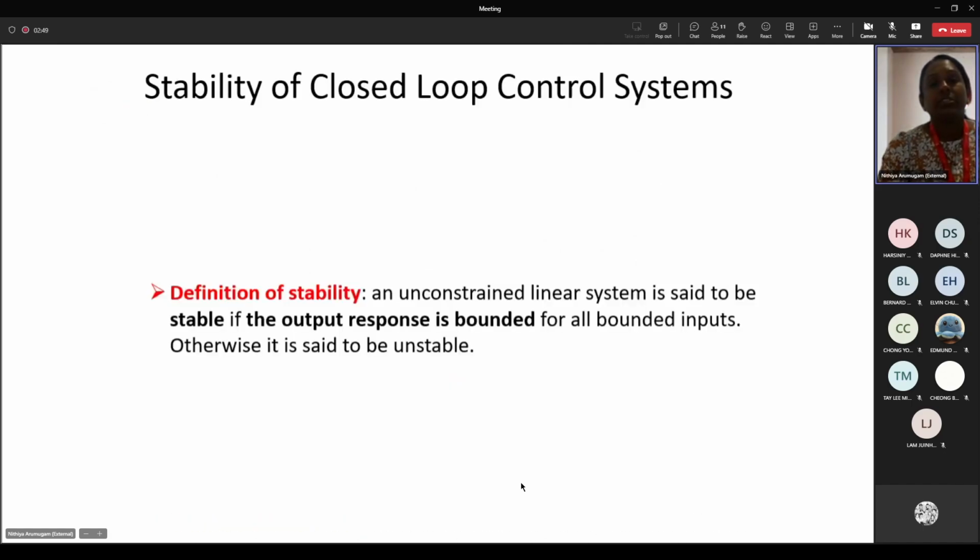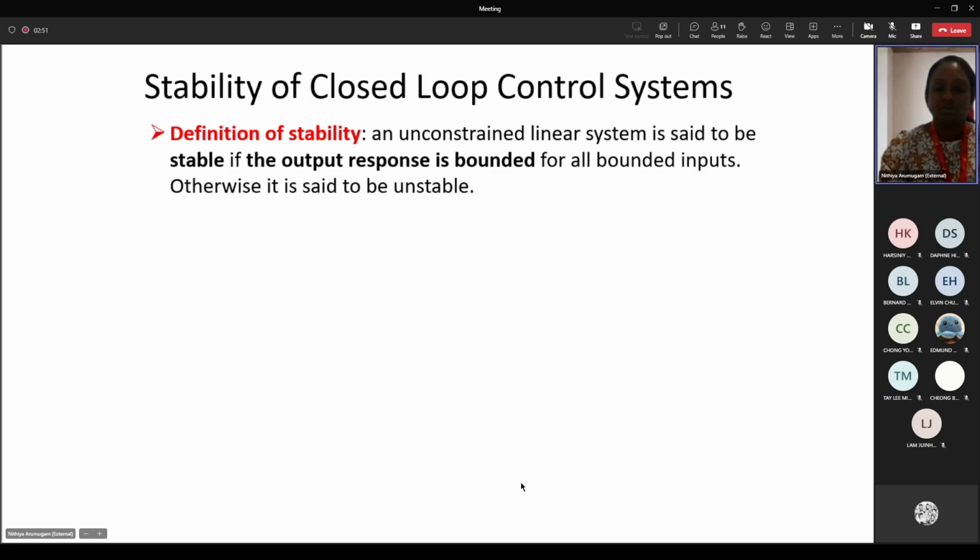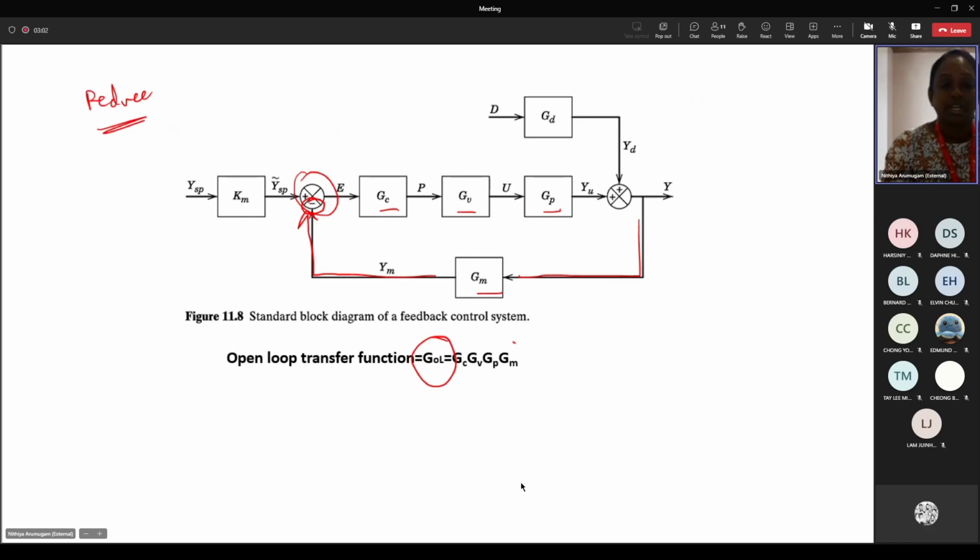All right, so let's look into the stability of the closed loop control system. The closed loop control system that we are referring to is this one. Throughout this example, we'll be looking into a sample of this only.